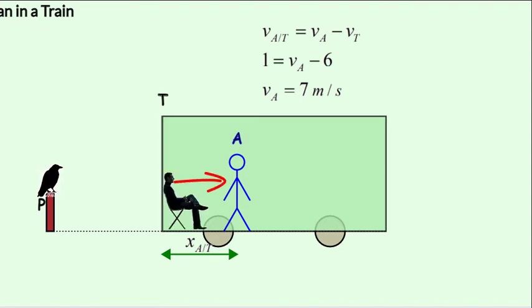To a person sitting in the train, the man is walking at 1 meter per second, but to an observer on the ground, the man is walking at 7 meters per second. Now let's take a case where the man walks towards the left wall of the compartment with the same speed of 1 meter per second.